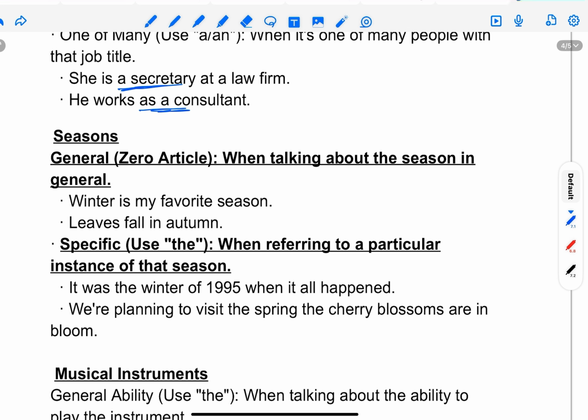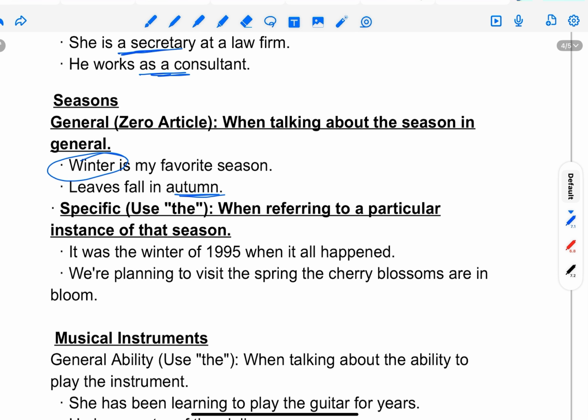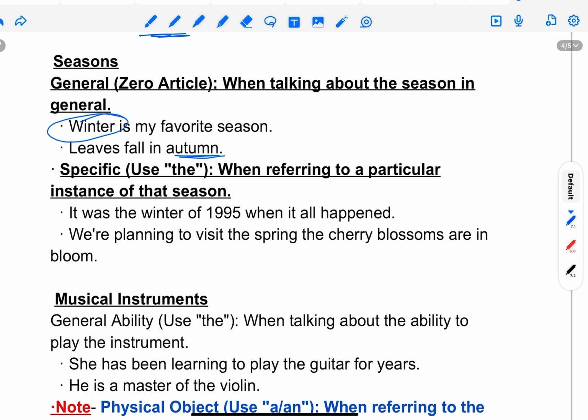We generally don't use an article before the name of a season. For example, winter is my favorite season. Winter is a season, so there is no article. Leaves fall in autumn. Seasons don't take articles when referring to the season in general, but exceptions are there. It was the winter of 1995.